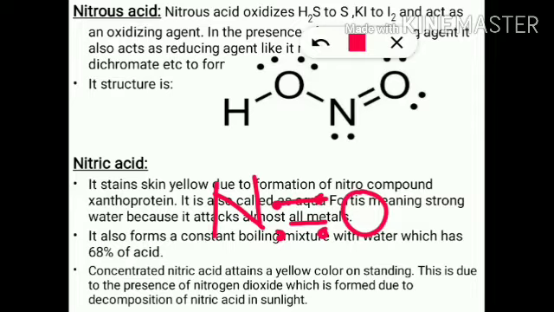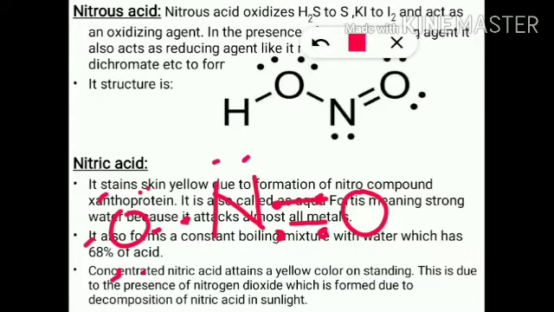Nitrogen contains 5 electrons: 2, 2 and 1 make 5. Then oxygen forms the double bond and has lone pairs.